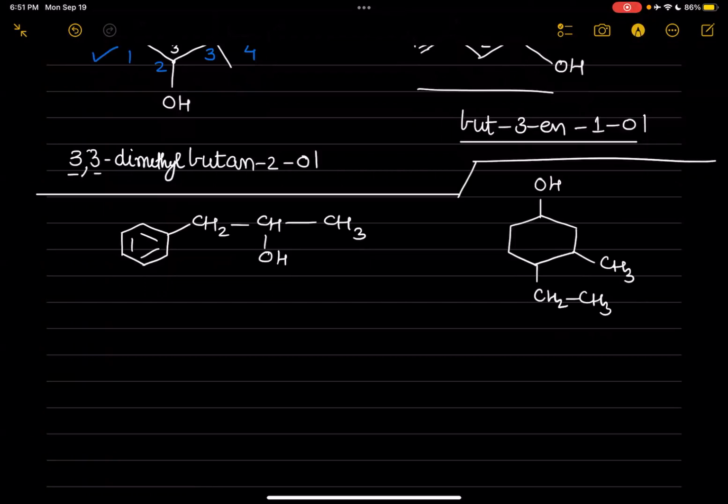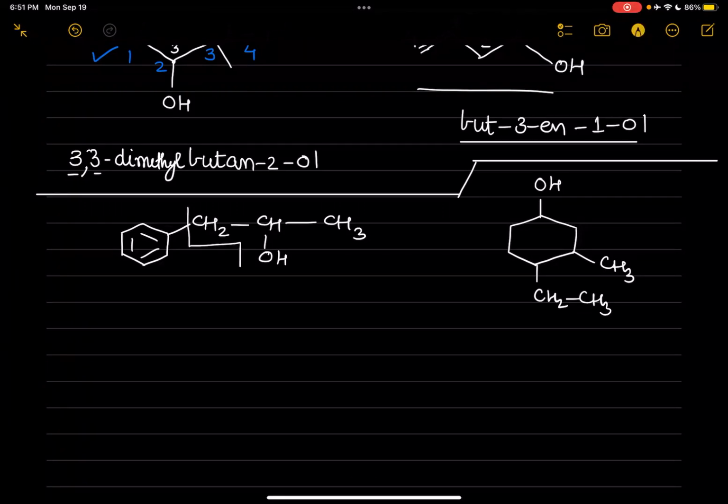The longest chain is the one which has the maximum number of principal functional groups. And which is the principal functional group? The principal functional group is the OH itself. One more thing: if there is an open chain and a cyclic chain, both present, you will choose the main chain as the one which is having the principal functional group, which is OH.